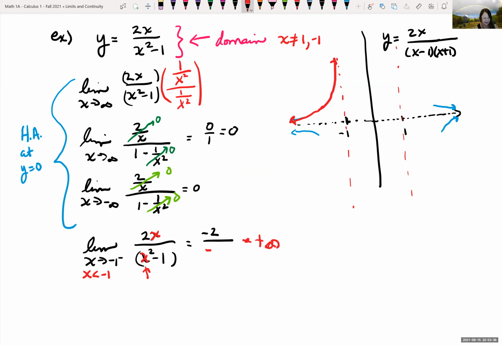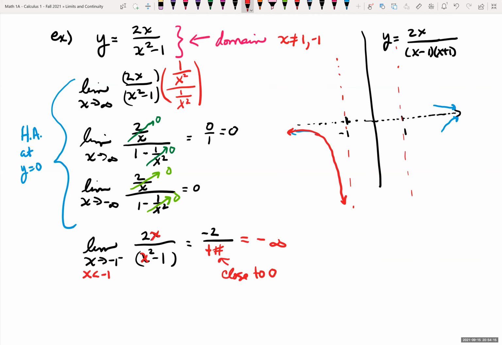And so squaring that number is going to be positive, and it's going to be more than negative 1. So this is a positive number. Thank you. Positive number, very small though. And so a negative over a positive is negative. So that actually changes the direction. So this would be shooting downwards.